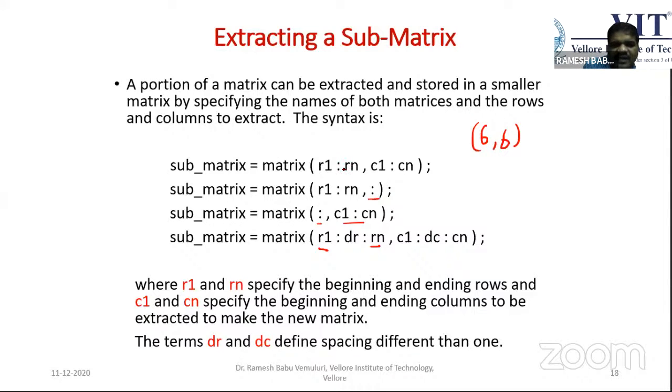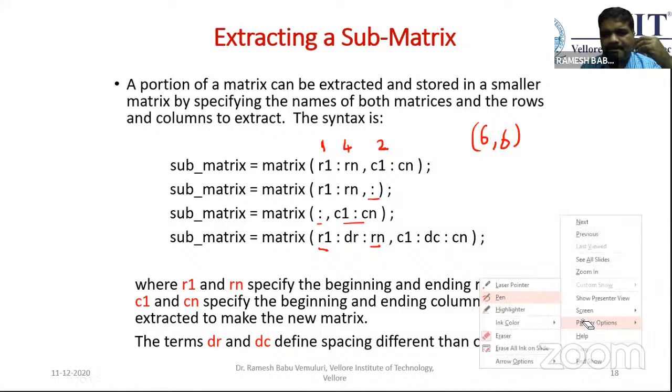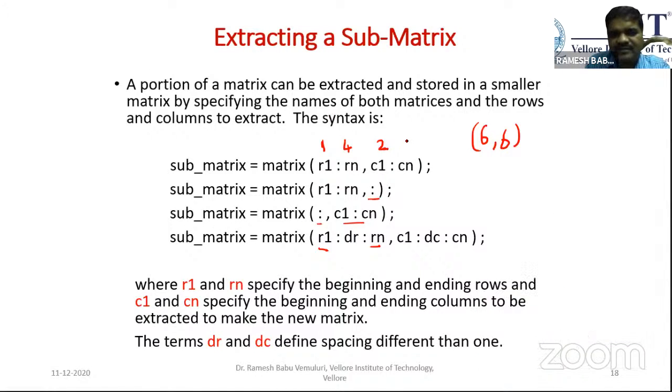So in that case, let us say R1 2 is equal to 1, 4, then maybe 2, 6, and there could be a 2 comma 6.